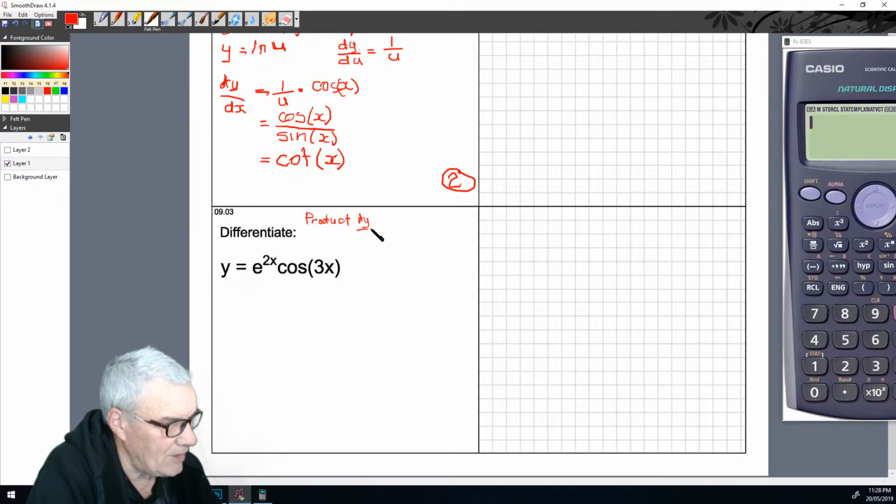So what we can say there is dy by dx equals f dash x, which is the differentiation of the first function times the second function, plus g dash, the differentiation of the second function times the first function.